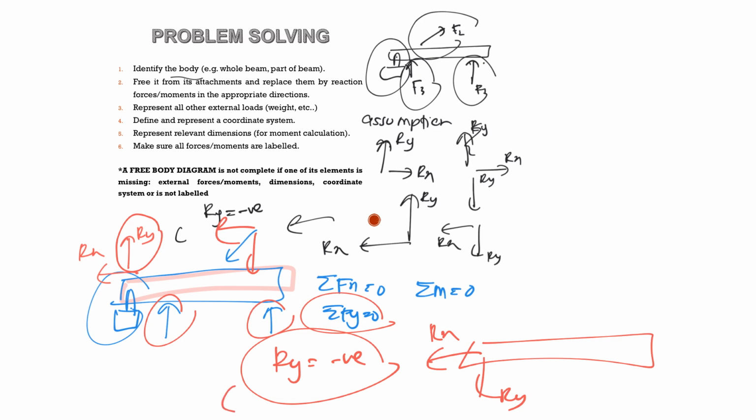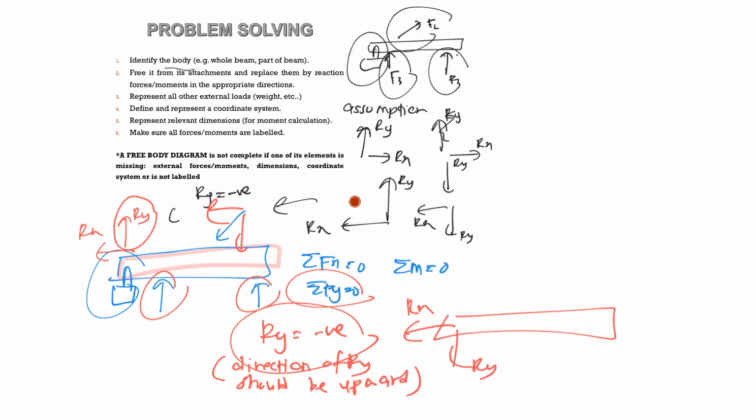So I need to give a statement. You don't have to fix your answer or your diagram. You just give your statement: the direction of Ry should be upward. So negative here, if you get it, is wrong. It doesn't mean downward or left. It means wrong. If you get positive, it means right.